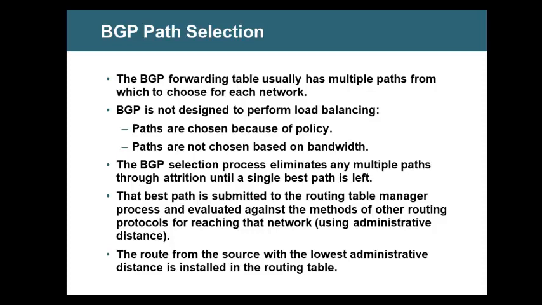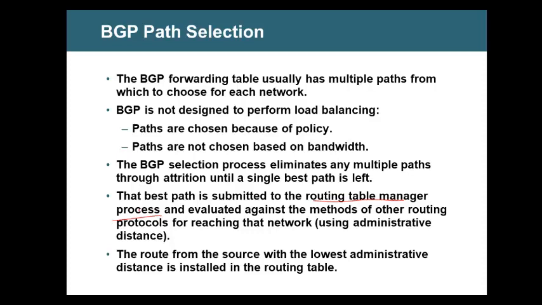So only one path will be taken, even if you have multiple paths. By eliminating, it will take only one single best path. That best path will be given to the routing table manager. It's not guaranteed that that route will be immediately installed into the routing table. The routing table manager alone will decide whether to keep it in the routing table or not.